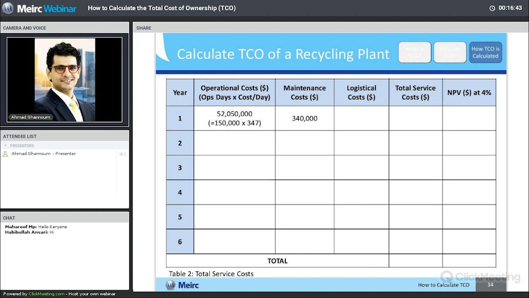Maintenance costs, so if you account for how much each type of maintenance is expected to cost, and multiply that by the number of maintenance sessions scheduled, we are going to get $340,000 in maintenance costs. Logistical costs, we said, are $1 million. Remember the 700,000 plus the 300,000 we spoke about earlier. And the grand total we get over here is $53,390,000 incurred to operate our plant in year 1. So this is next year.